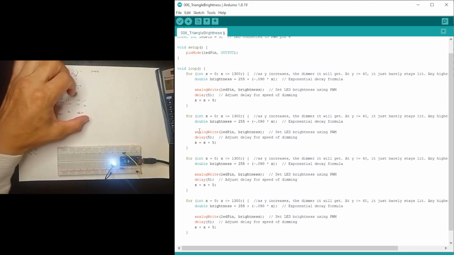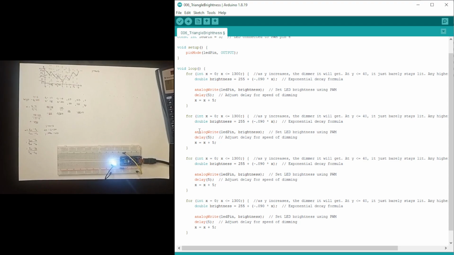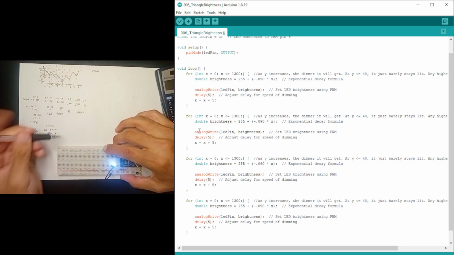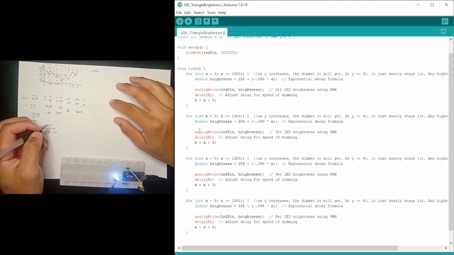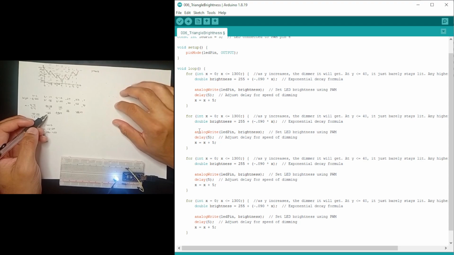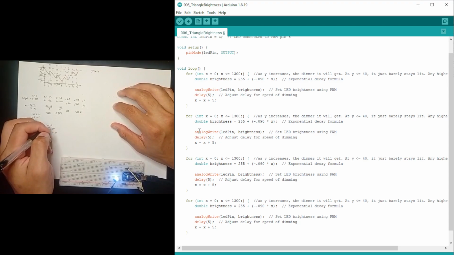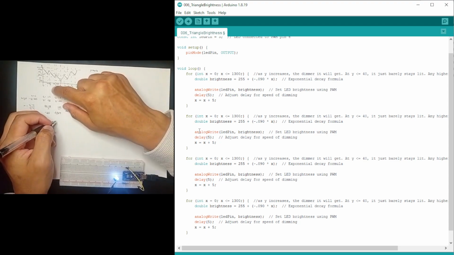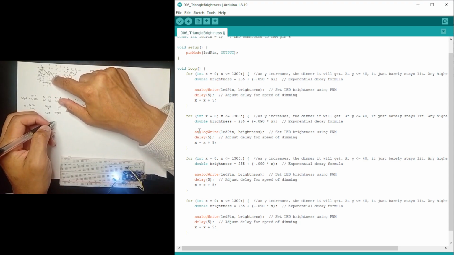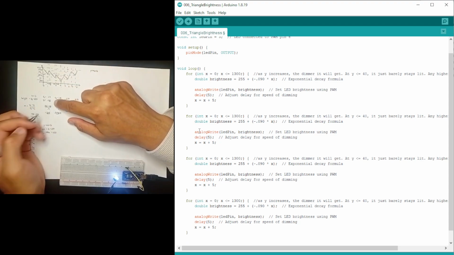Okay, but let's just focus on these. y equals mx plus b. So if y equals, what do we give y?